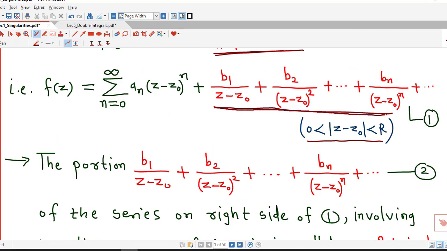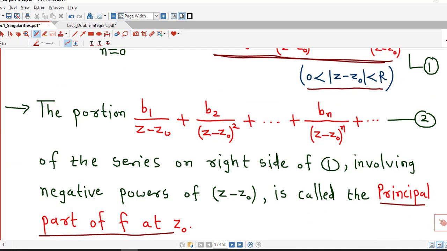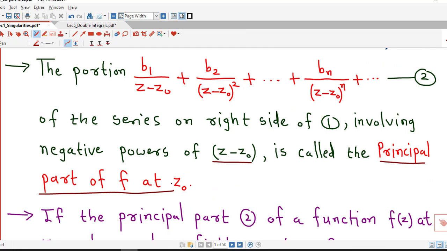This portion of series number 1 involving negative powers of z minus z0 is called the principal part of function f at point z0, which is an isolated singularity of the given function. So whenever our function has an isolated singularity at some point z0, then we will have this type of principal part in the Laurent series expansion of the given function f.